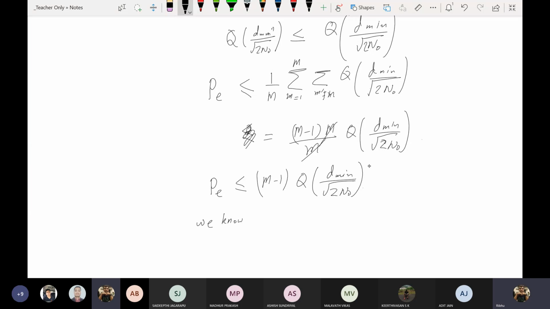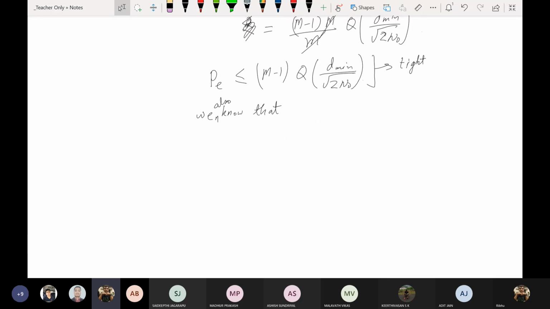This is a slightly tight bound, but we also know that Q of x is less than or equal to e to the minus x squared by 2.